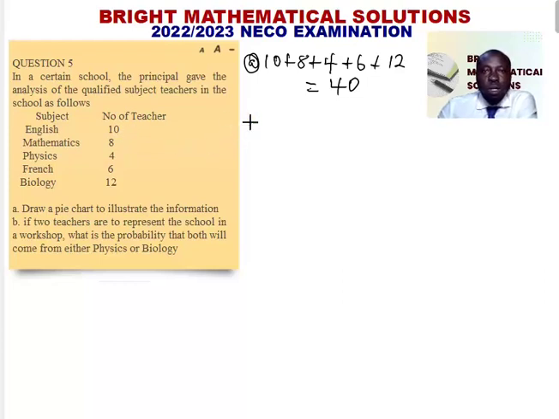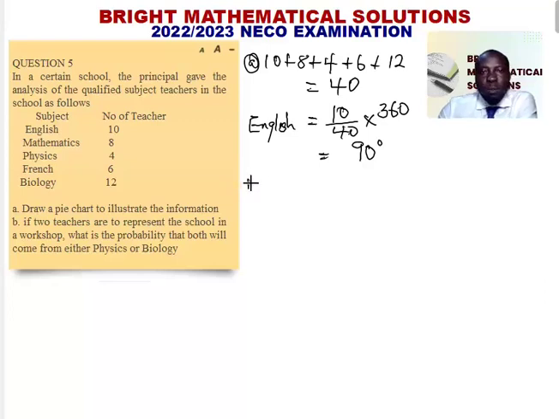So for English, which is the first one, that is 10 over 40 multiplied by 360. So this gives us 4, and this gives us 90 degrees.